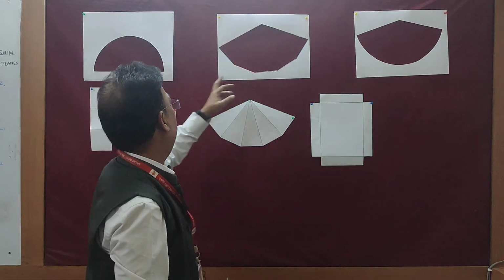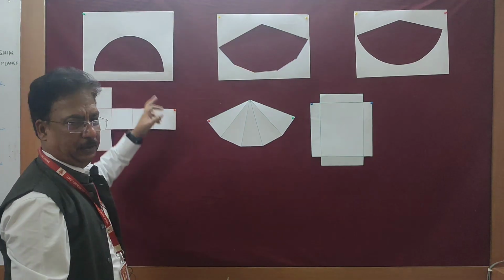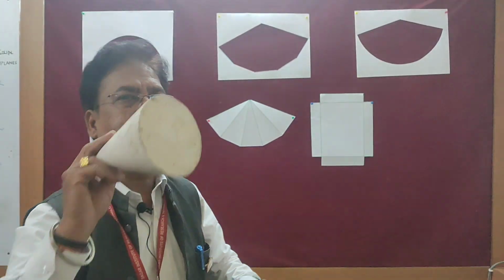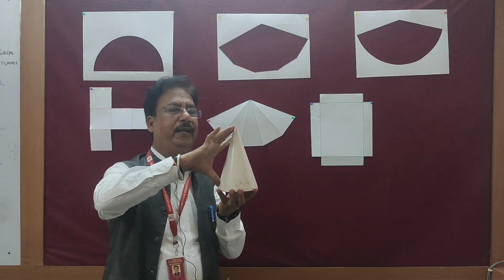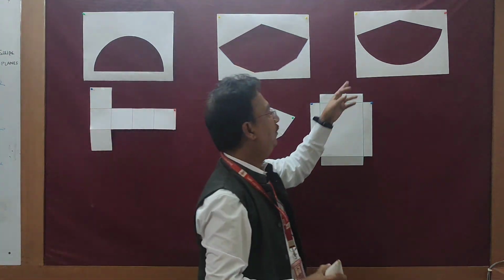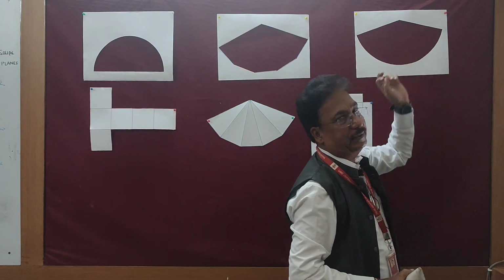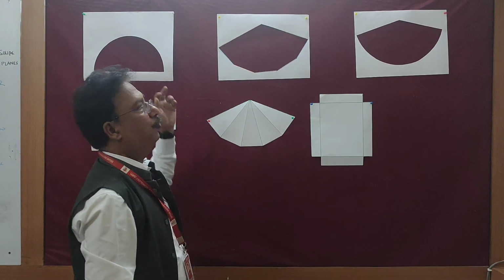Here in this figure, this will be the development of a cone. Normally the development of a cone is a sector of a circle with radius equal to the length of the generator of the cone. So if I develop it, it will be like this, that is the development of a cone, and this is also the development of a cone when the development is a semicircle.